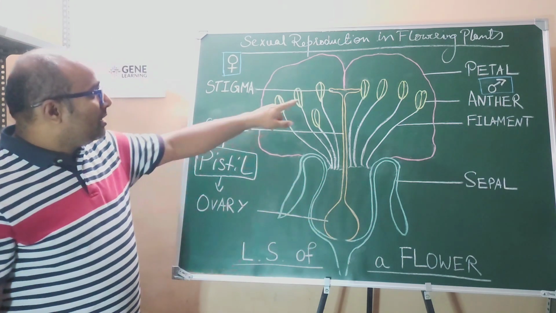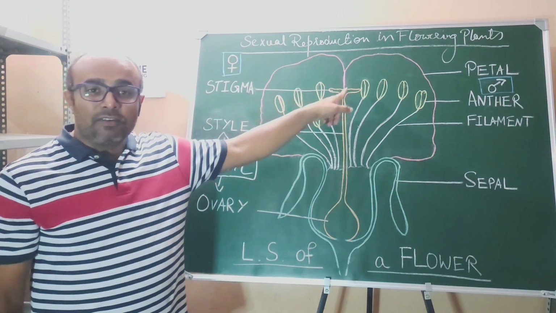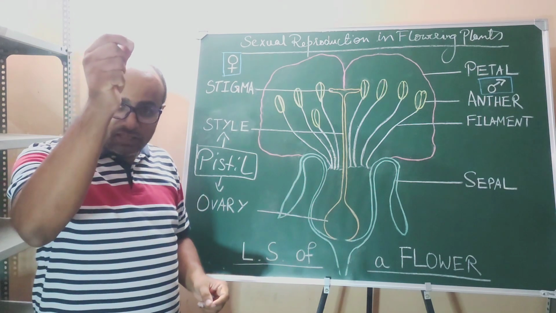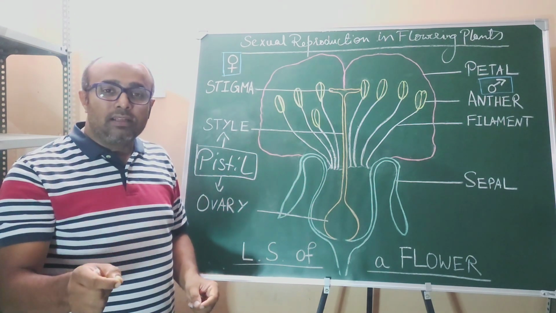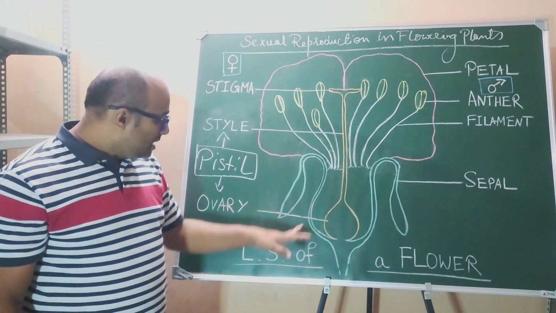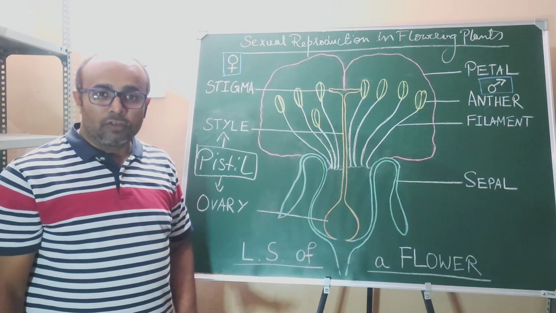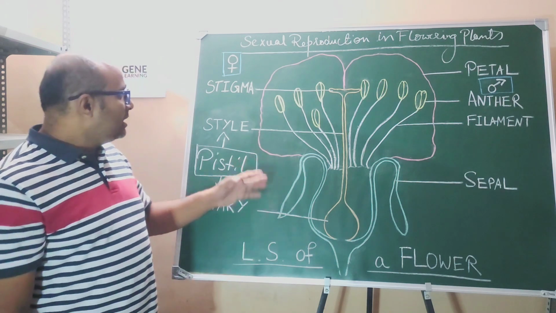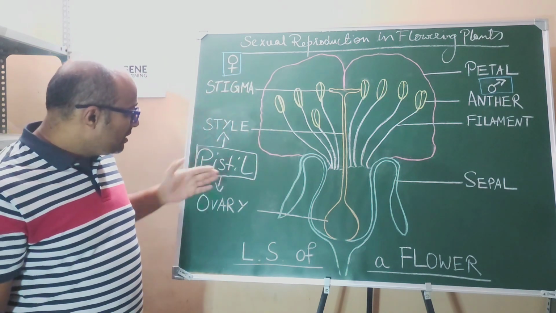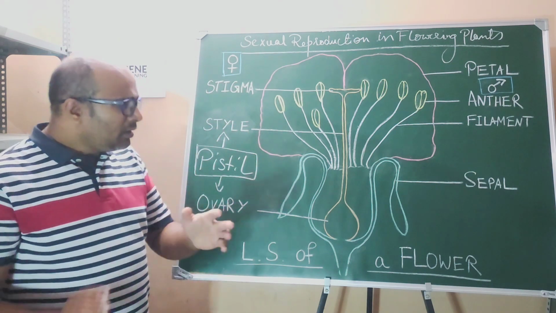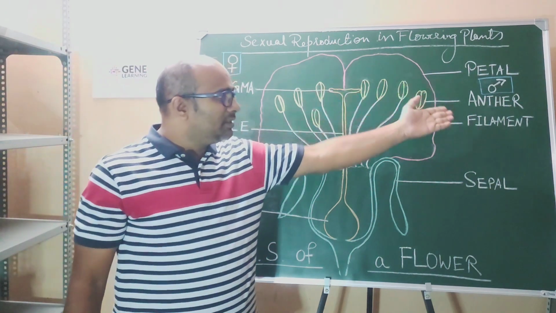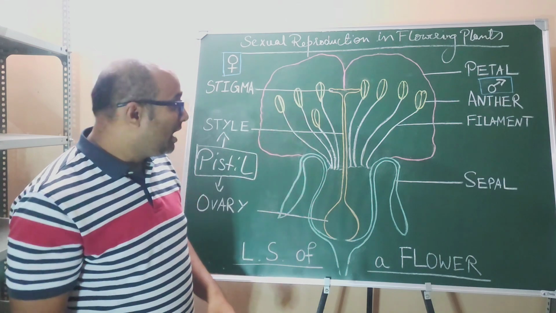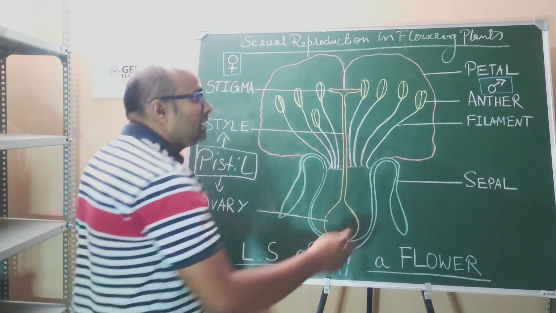So in the stigma we find that kind of reaction taking place, and the style is the region where the pollen tube gets developed and reaches the ovary. So the ovary is the place where you find the ovule. So those are the different parts of a pistil. Now, when you talk about the male structure of a flower, it is nothing but the stamen.